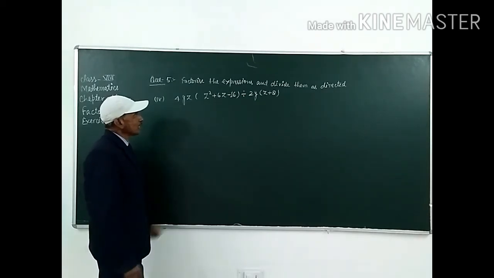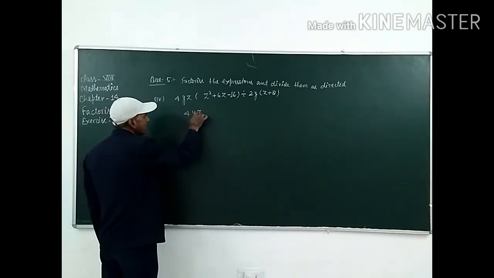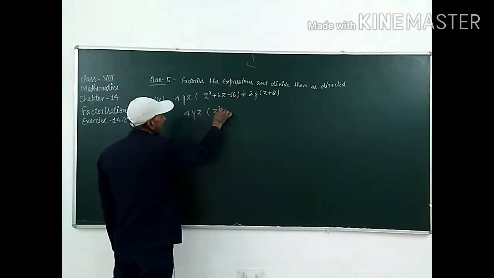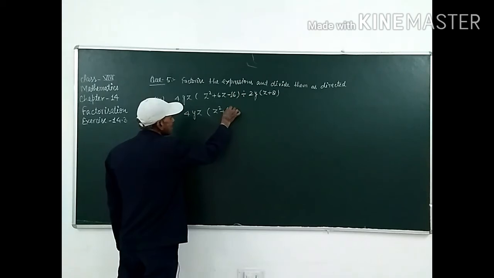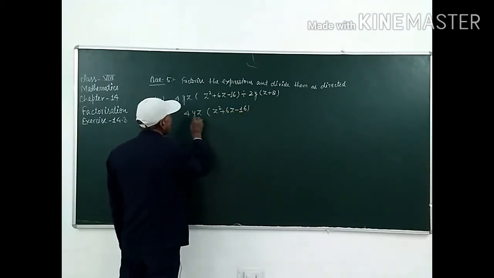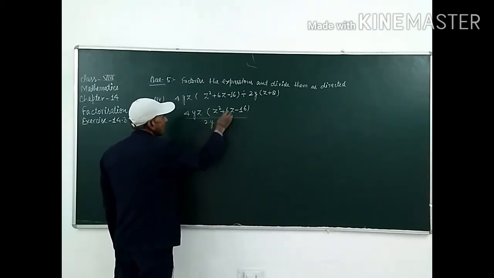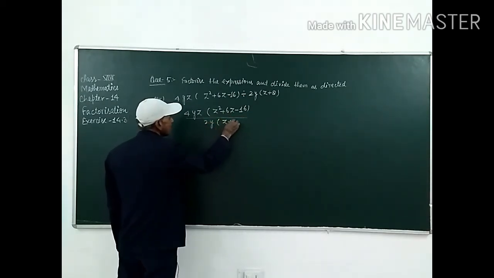So students, first of all we have to write 4yz into z square plus 6z minus 16 divided by 2y into z plus 8.